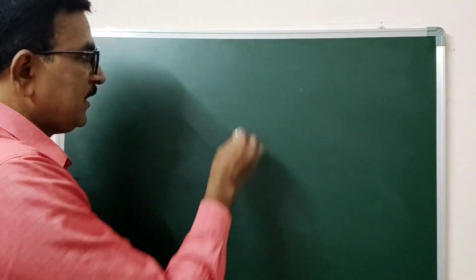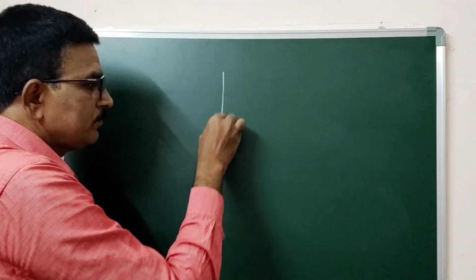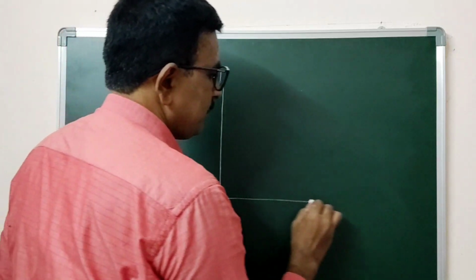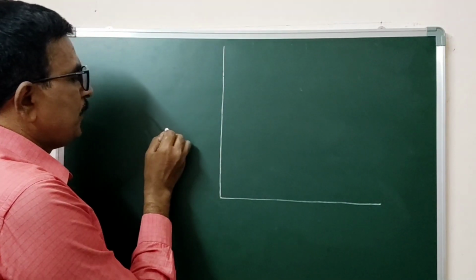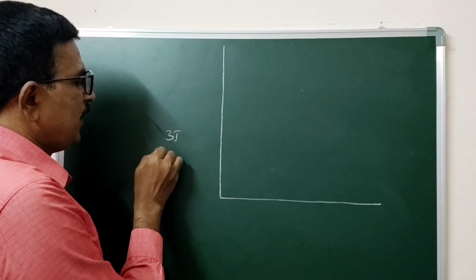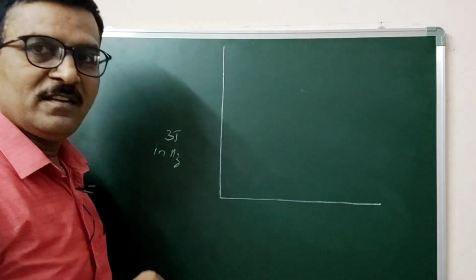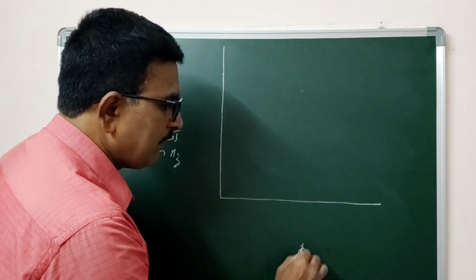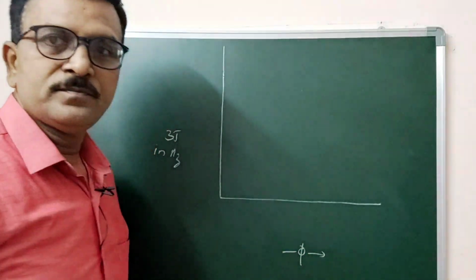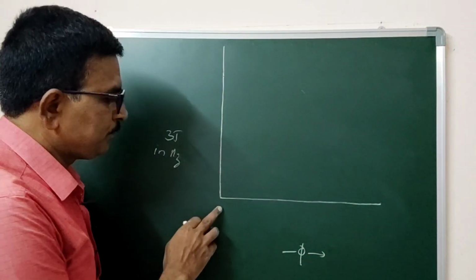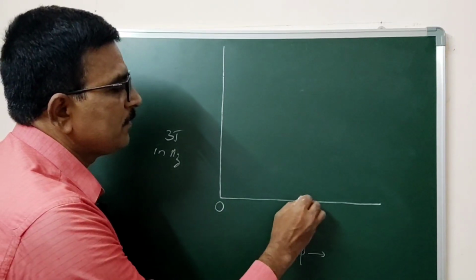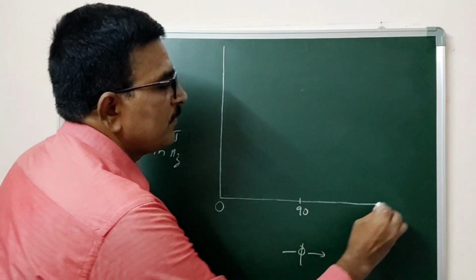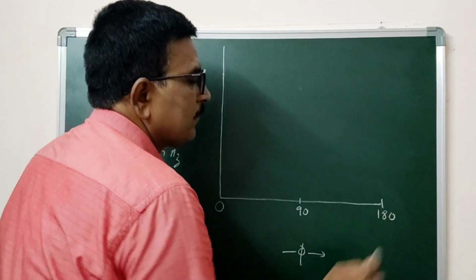Now we can represent it graphically, with 3J values in Hertz on one axis and the dihedral angle values on the other. When the dihedral angle is 0 degree, this is 90 degree, this is 180 degree.